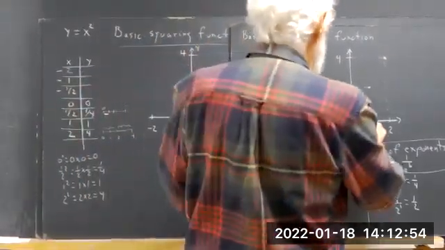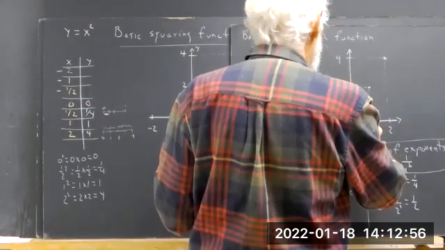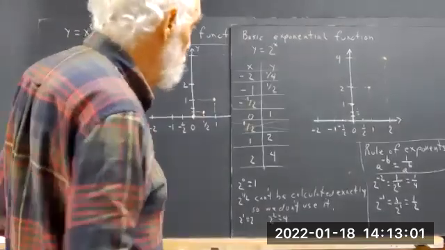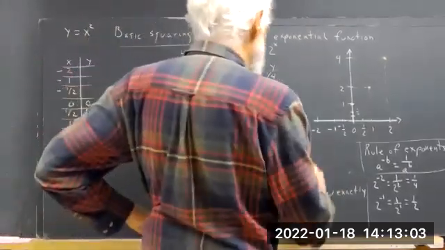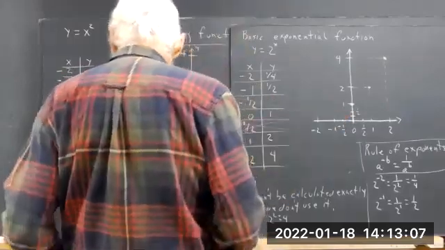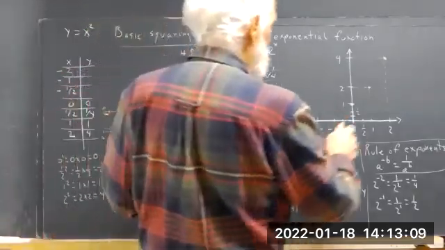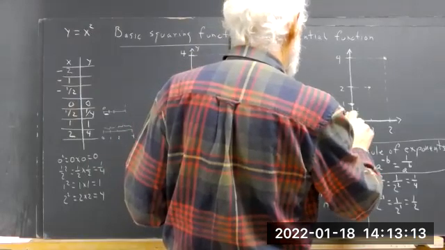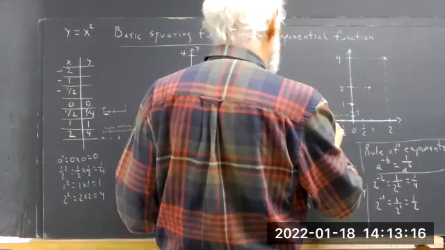So right here is our y value of 1/2. And down here is 1/4. I'm not going to try to label that. So if x is negative 2, y is 1/4. Well, right there is 1/4. So the y value has to be 1/4, and the x value is negative 2.